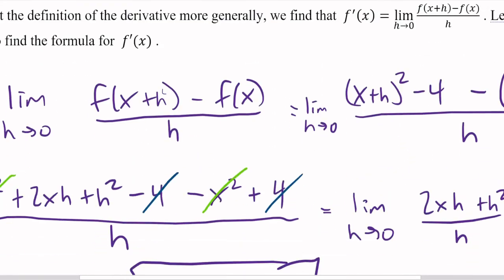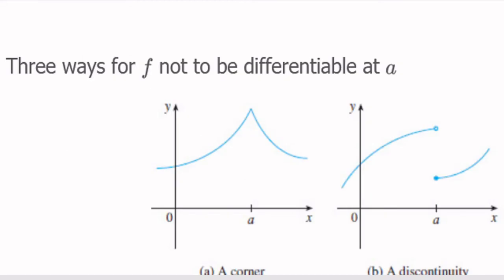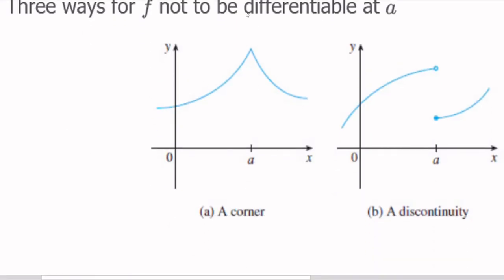Let's go down here. All right, so for this first way to not be differentiable, we have a function with a corner in it. What's happening here, and why at this point a are we not differentiable? Well, what you have to remember is the definition. Let me rewrite it here.